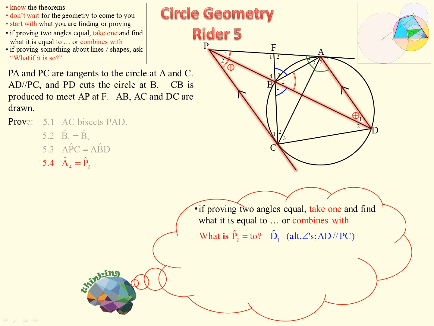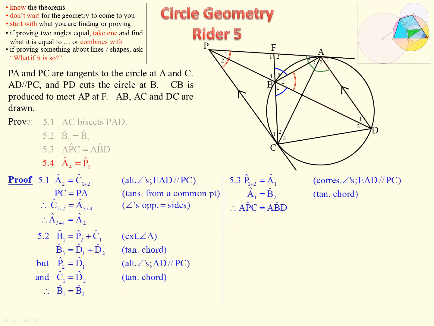Now we're going to ask, is A4 equal to D1? We've got P2 equal to D1, so we need A4 equal to D1. The answer is yes, hint in pink, tan chord. So therefore we have those equal to one another.